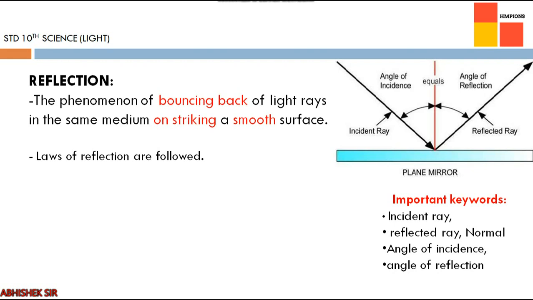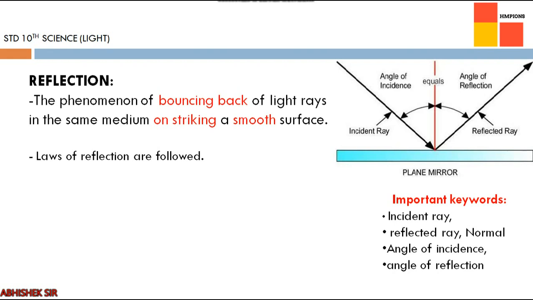What is angle of incidence? In the figure you see there is an angle formed between the red line, that is normal, and the incident ray. That angle is called angle of incidence. On the other side you see again there is an angle between the red line, that is normal, and the reflected ray. This angle is called angle of reflection.